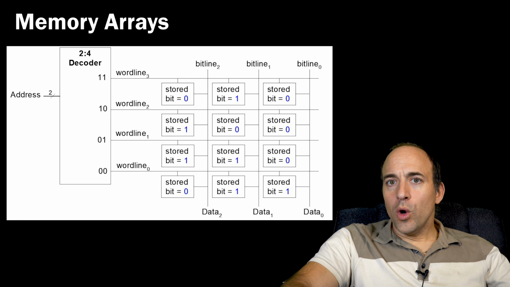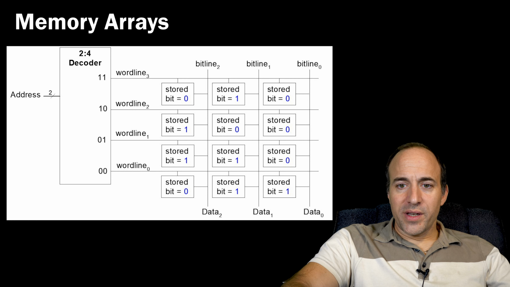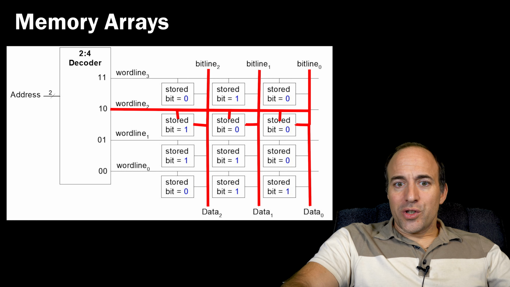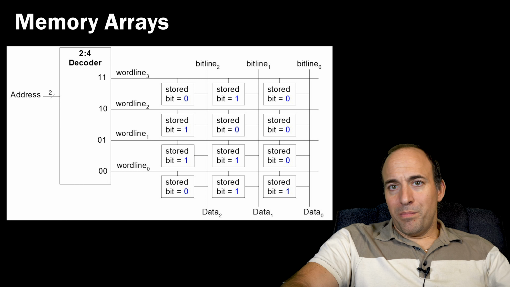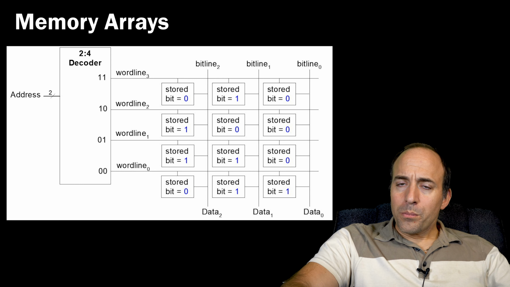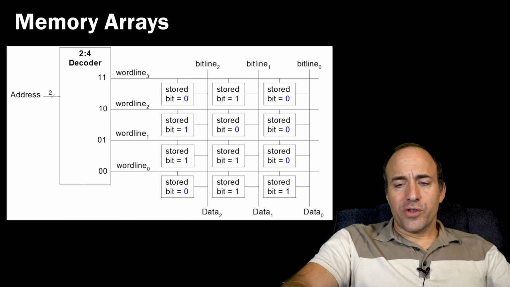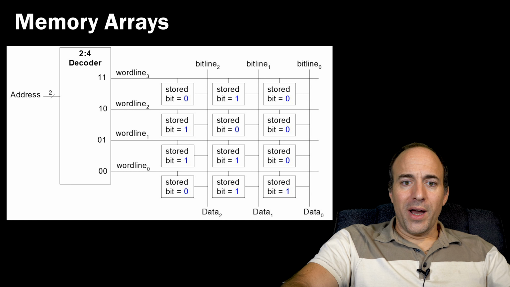At most, one word line can be asserted at one time. When a row's word line is asserted, all of the cells in that row are connected to their bit lines. The bit lines serve as both the input and the output to the row. By default, the bit lines will be driven to the bit values in the row, but if you drive the bit lines with a strong enough signal, the bits in the row will be changed to the new value.